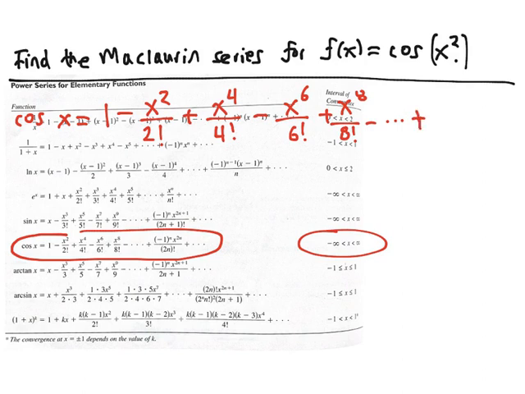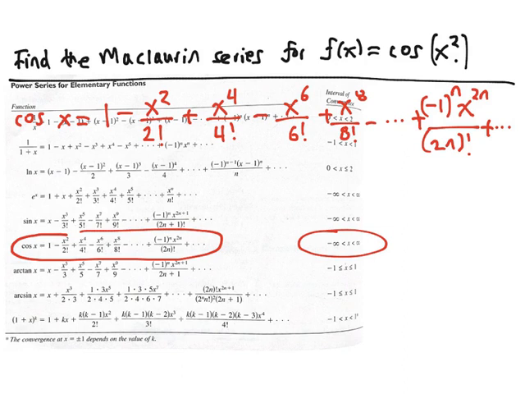And the description of the nth term would be negative 1 to the n, x to the 2n over 2n factorial. And of course it keeps going after that because this is an infinite series. So that's what we have for cosine.